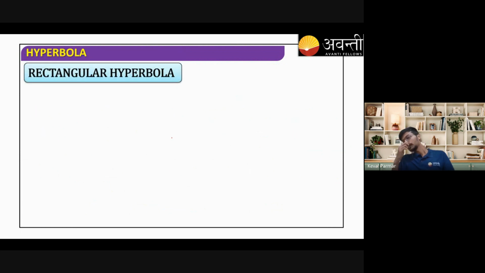Now let's look at another thing, which is rectangular hyperbola. What is rectangular hyperbola? I think we have studied this word earlier also. You must have heard somewhere in mathematics, or also in chemistry or physics.